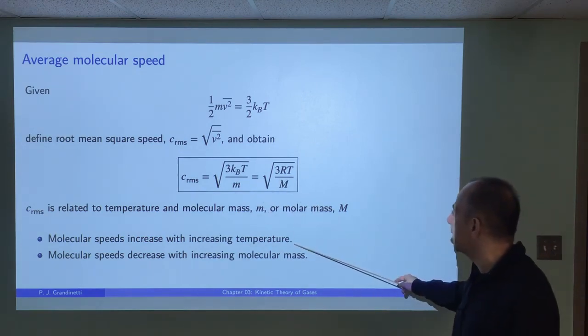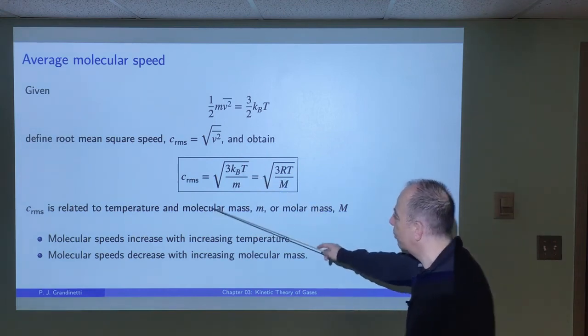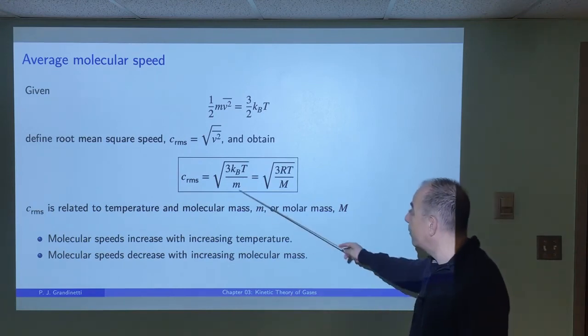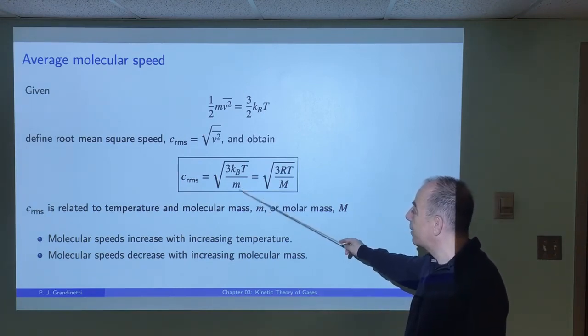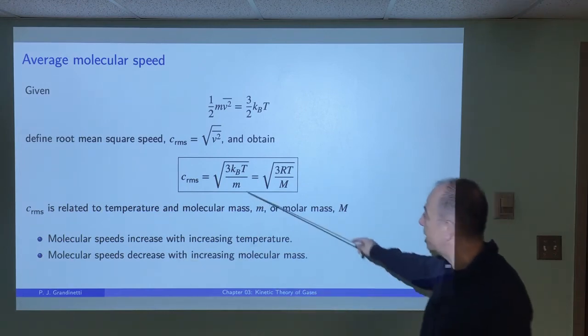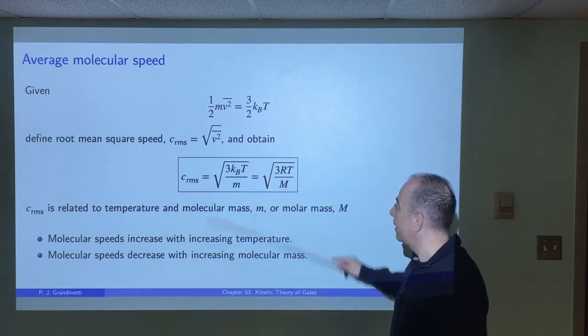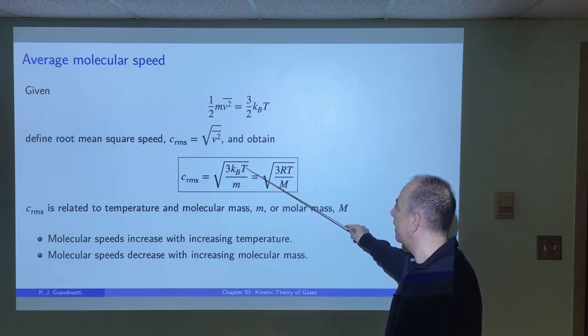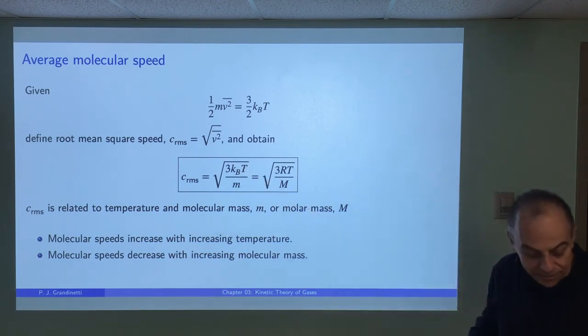Obviously, as you increase the temperature, you increase the RMS speed of the molecules. Similarly, if you increase the mass, you decrease the molecular speed. So there's an inverse square root relationship with mass and a direct square root relationship with temperature.